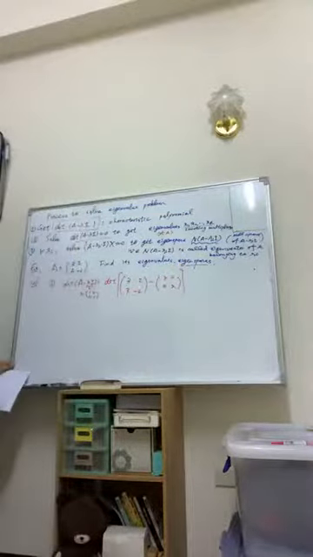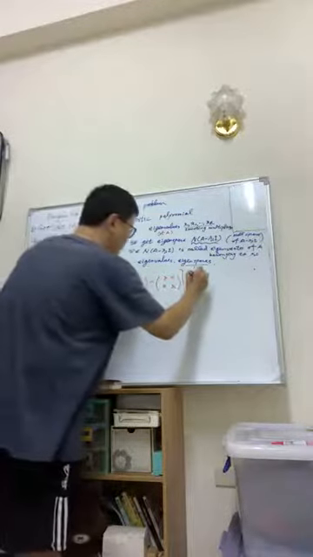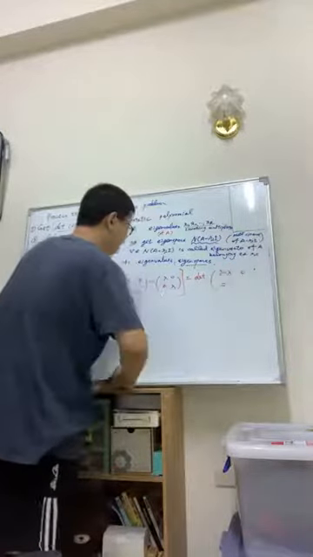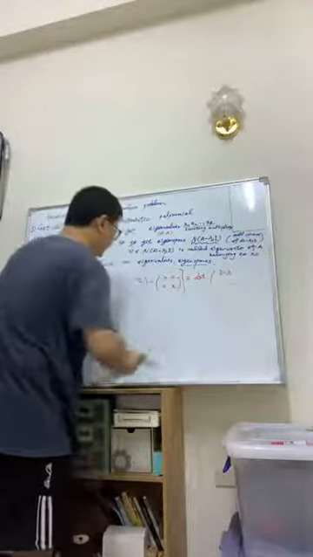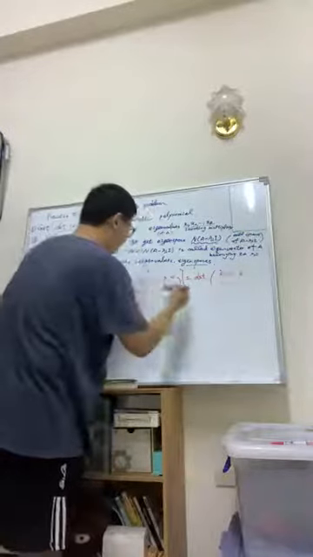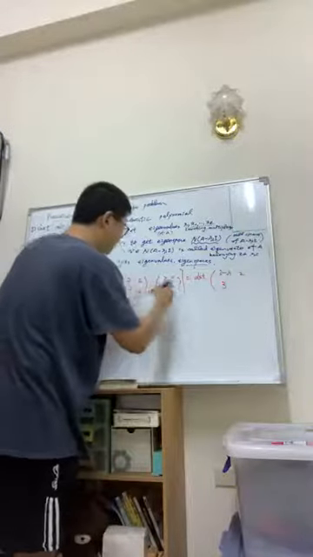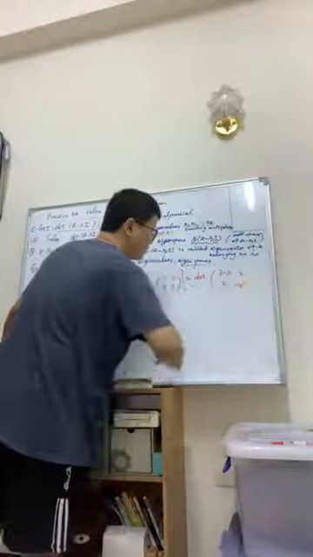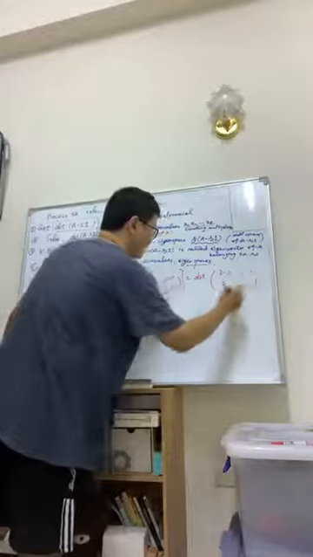So the determinant of A subtract lambda I is the determinant of the matrix with entries 3 subtract lambda, 2, 2, and negative 2 subtract lambda.